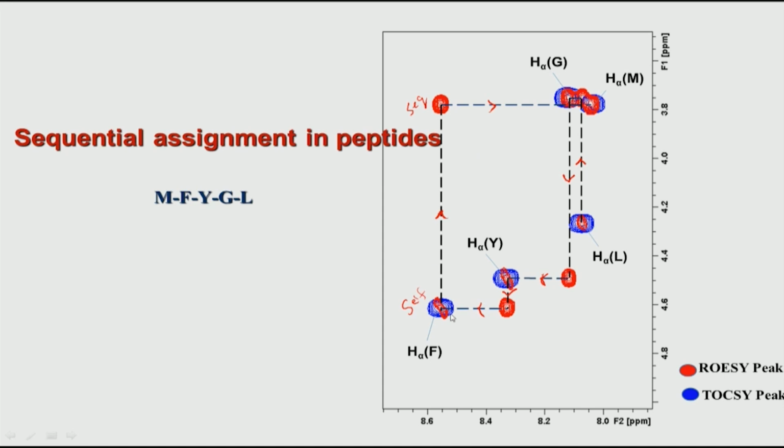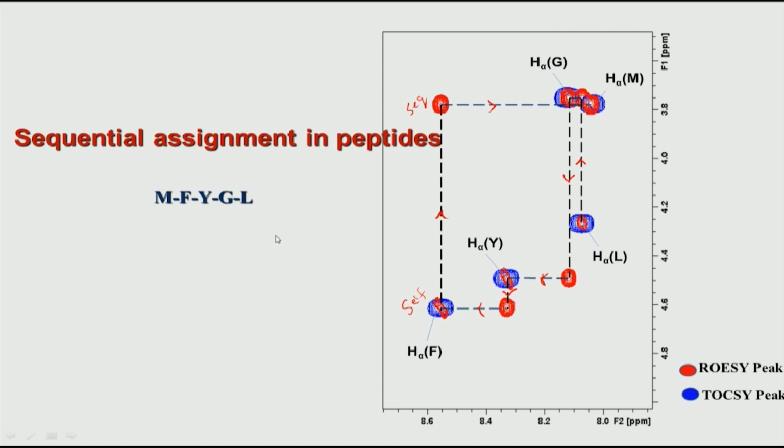Now, this chemical shift value for alpha protons depends very much on the secondary structure. So, what is done is you take a random coil peptide, for example, G in a peptide like XGX, where X is any amino acid, so that the glycine will be in a random coil.